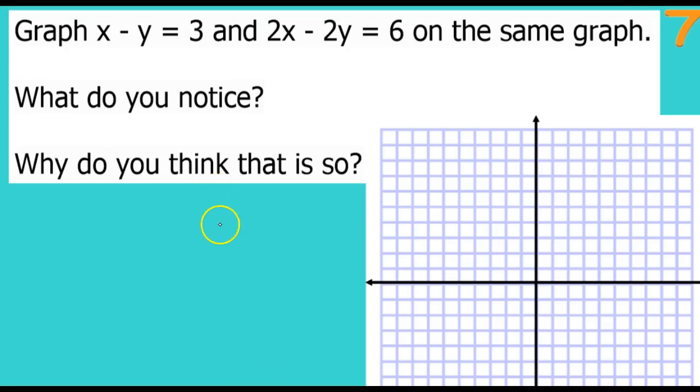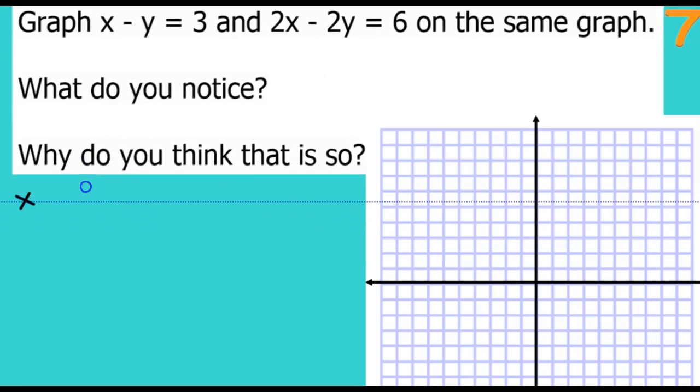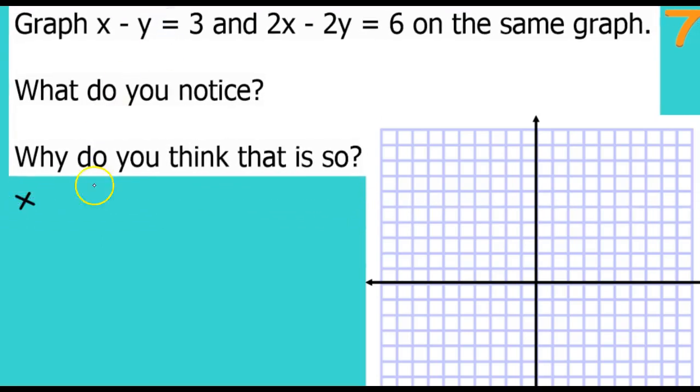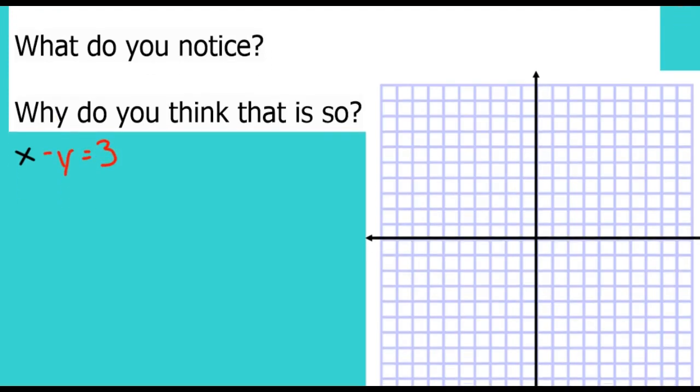Finally, we're going to graph one last graph. It says graph x minus y equals 3 and 2x minus 2y equals 6 on the same graph. So the first thing we've got to do is take x minus y equals 3 and solve it for y.